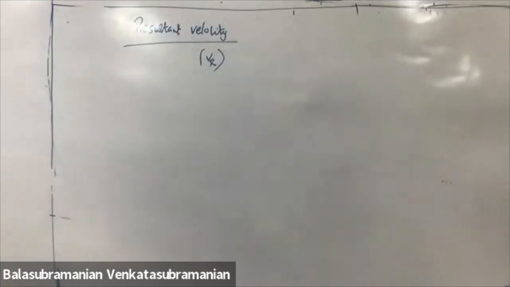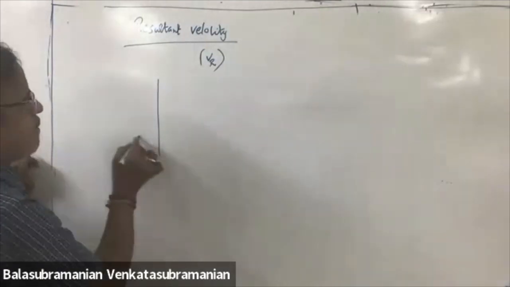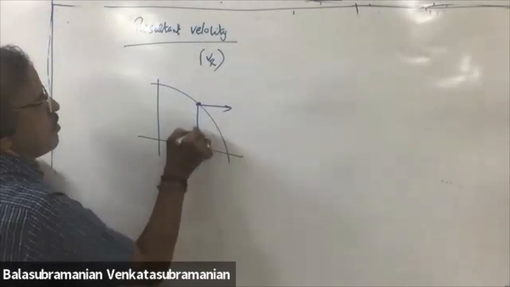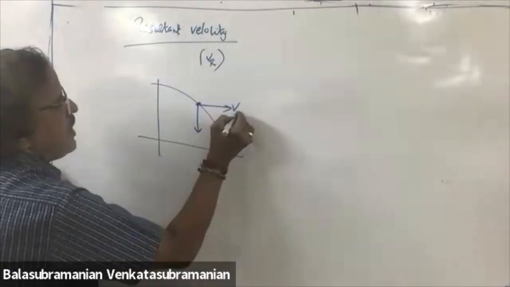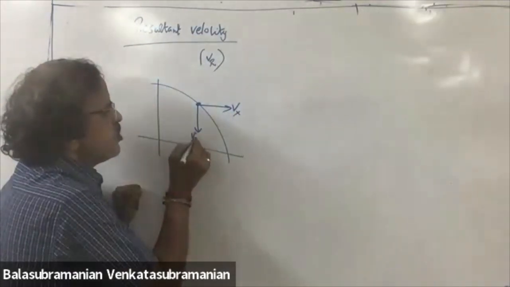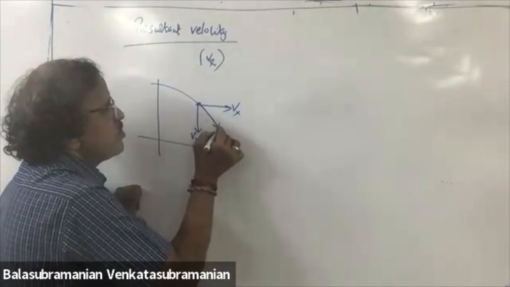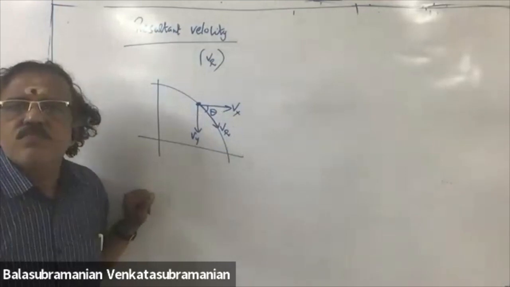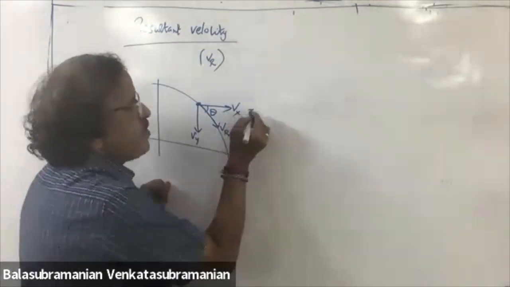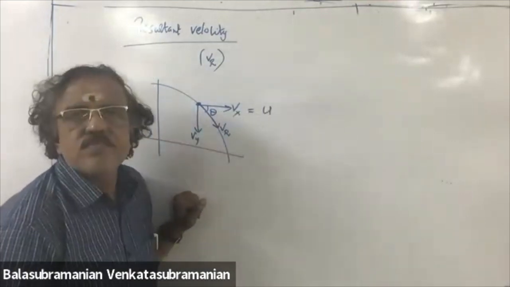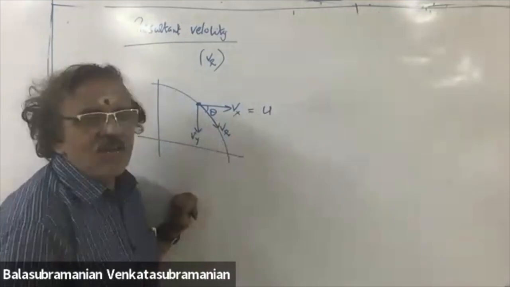In the case of resultant velocity, this point: Vx is the horizontal component, this is Vy, and this is Vr, the resultant velocity. The angle is theta. Vx means horizontal velocity, you know it is u. Vy we have to calculate.